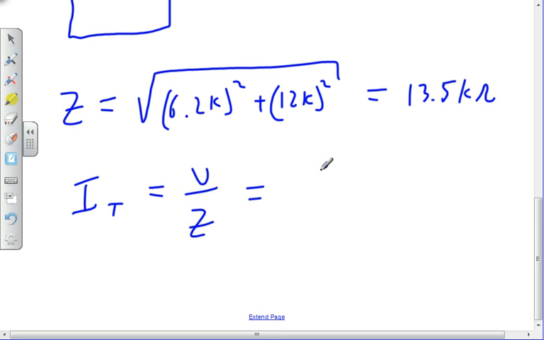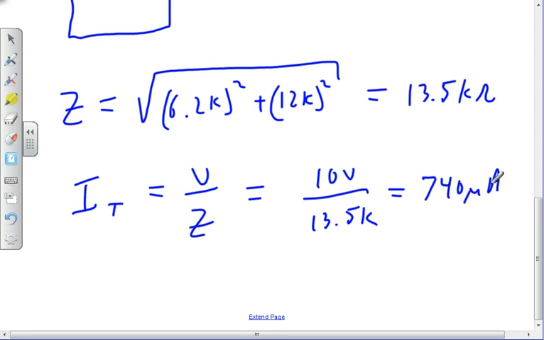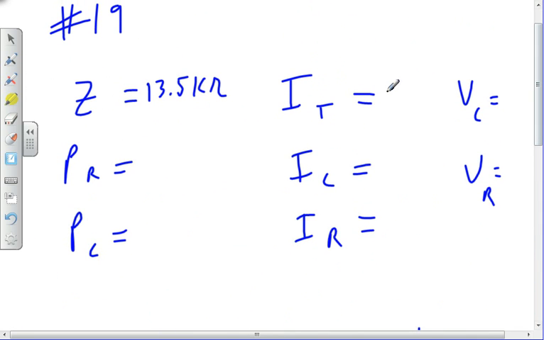The voltage is 10 volts divided by 13.5K, which gives 740 microamps.